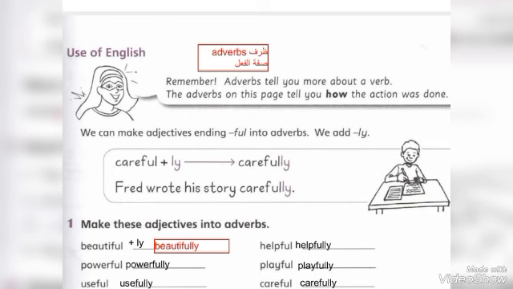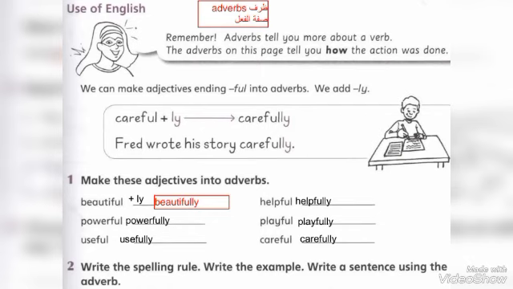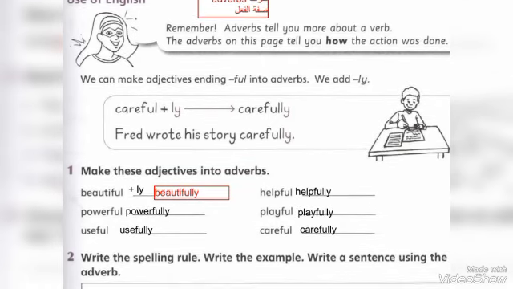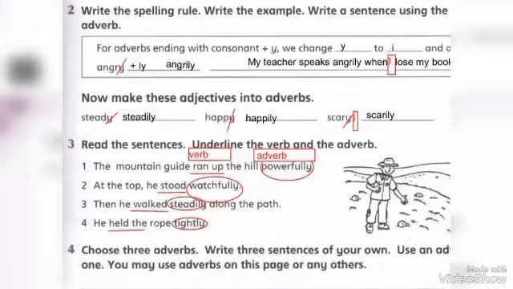When we add ly, we change the y to i, then add ly. Happy, we change y to i, then add ly. Scarily, we change y to i, then add ly. Steady, steadily, happy, happily. You must change as you see. Y to i, then add ly.